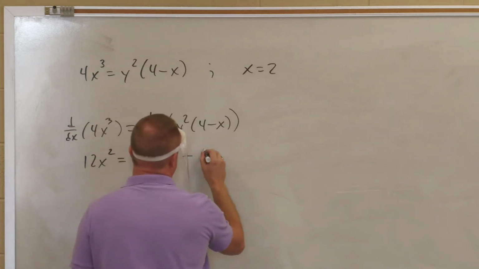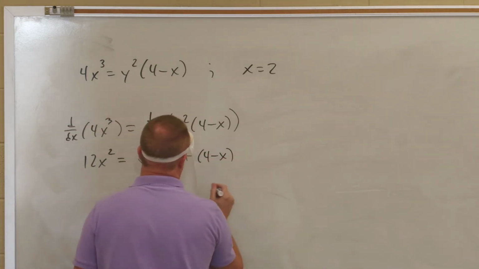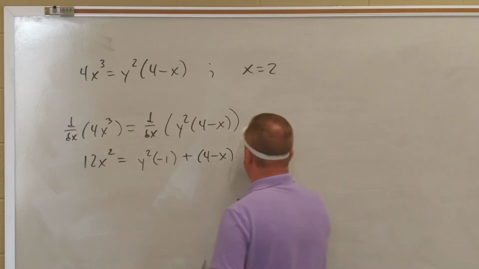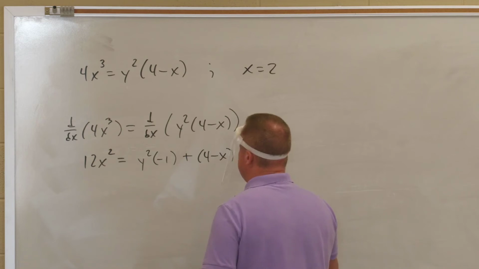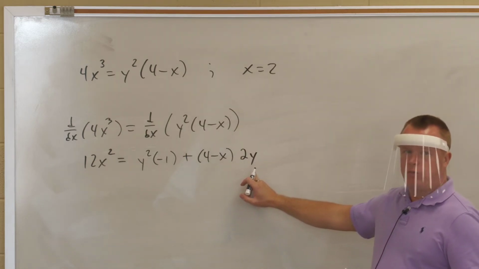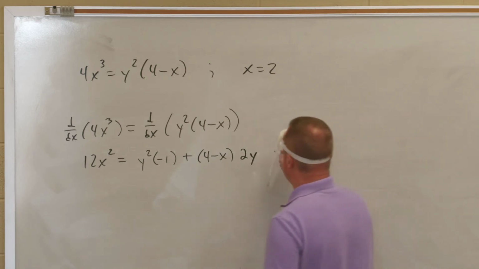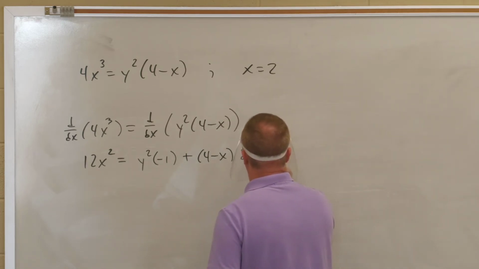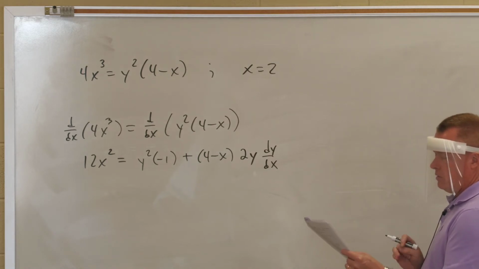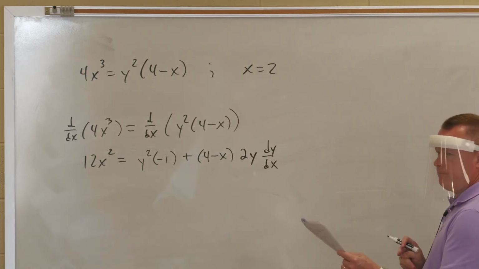So 4 minus x times, all right, y squared, the derivative is 2y. And then since I've got y there, not x, I've got to multiply by the derivative of y with respect to x. So I get that. Okay, so any questions about that?